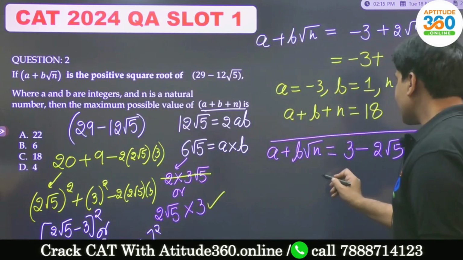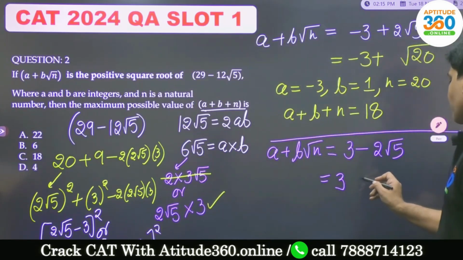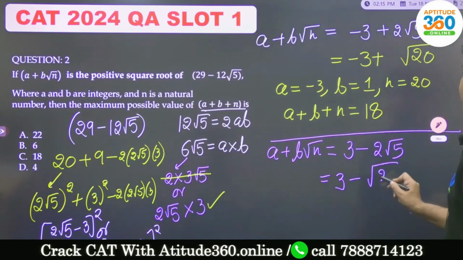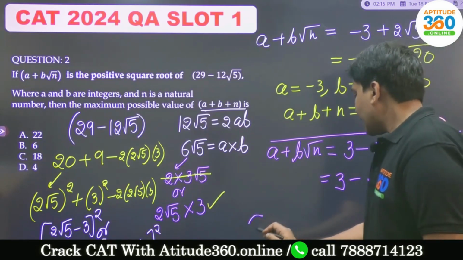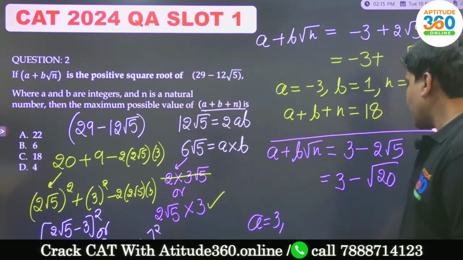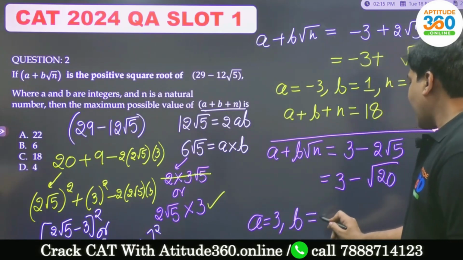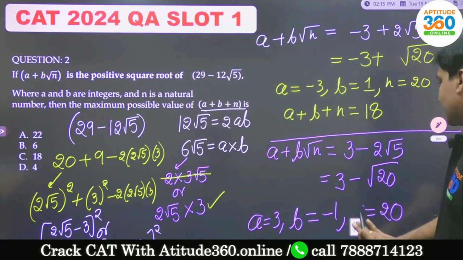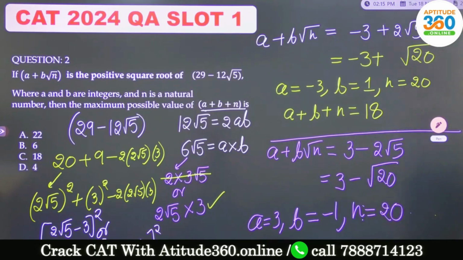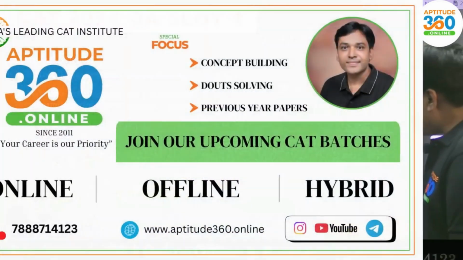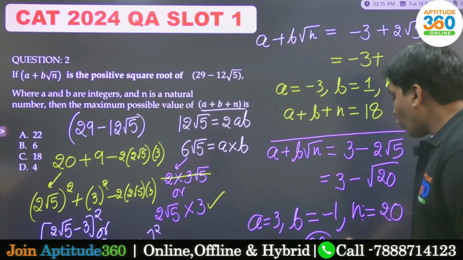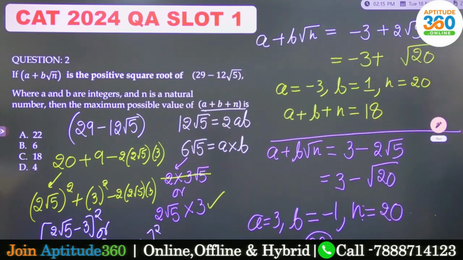And if that is the case, if I take this as 3 negative under root 20, and I take a as 3, b as -1 and n as 20. So if you do that, what is the value that you're getting for a plus b plus n? Aren't you getting 22? And obviously 22 is bigger than 18.